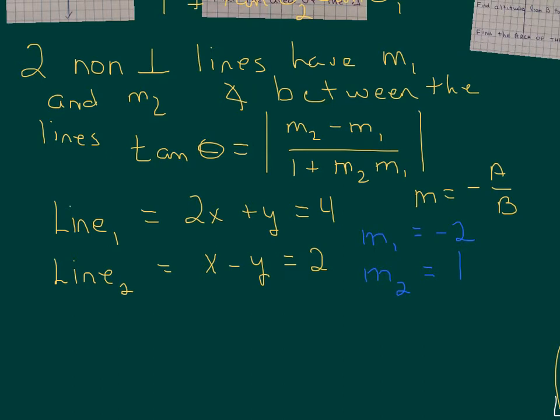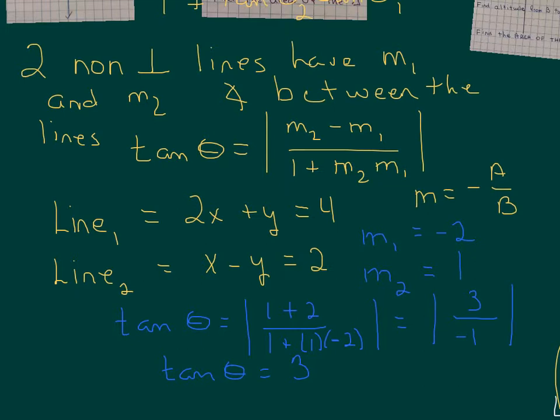So we could say that the tangent of theta is equal to the absolute value of slope 2 minus slope 1 over 1 plus slope 2 times slope 1. So we get that the tangent of theta is equal to the absolute value of 3 over 1 minus 2. But since it's absolute value, we want the angle whose tangent is 3.